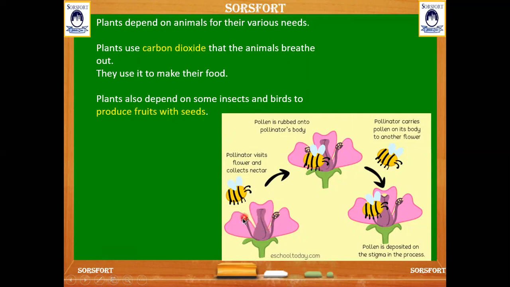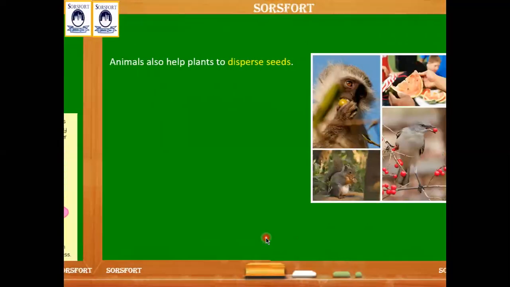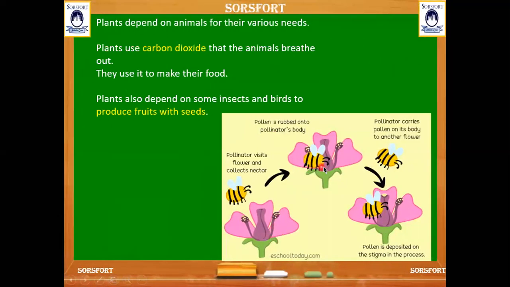On the flower, we can see this white part that we call pollen grains. If the flower needs to be converted into a fruit, it needs pollination. For that process, insects like honeybees, butterflies and ants help in pollination.